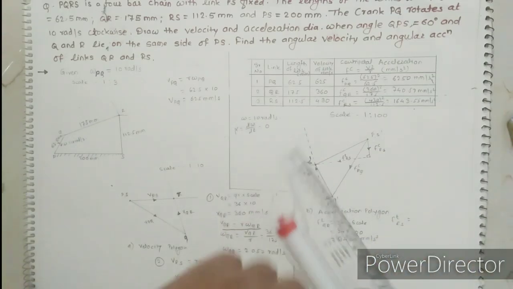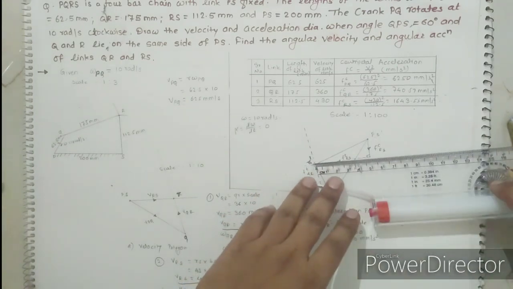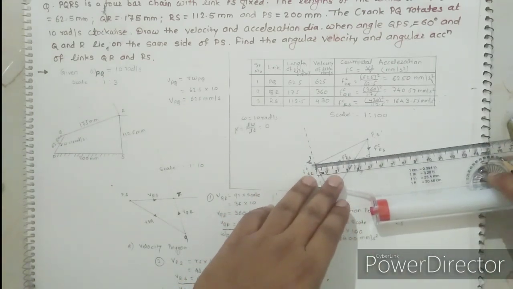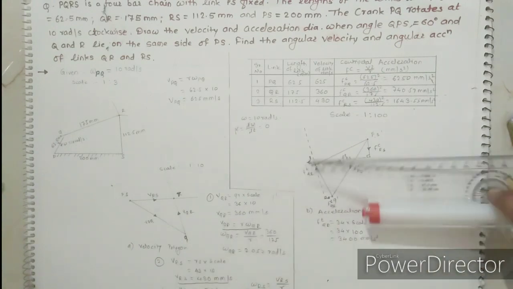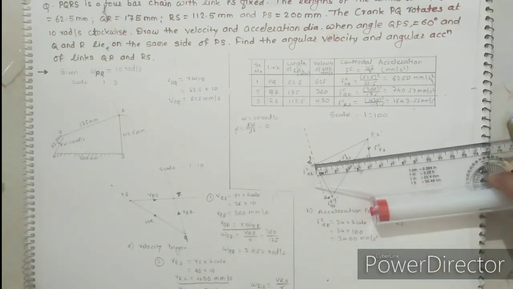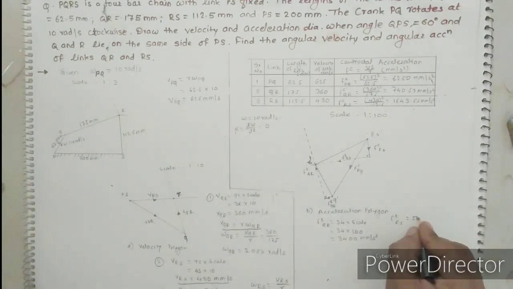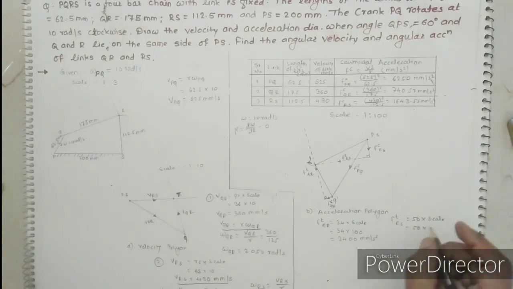Now for FTRS, measure the FTRS, which is exactly 50, so 50 into 100 equals 5000 mm per second square.